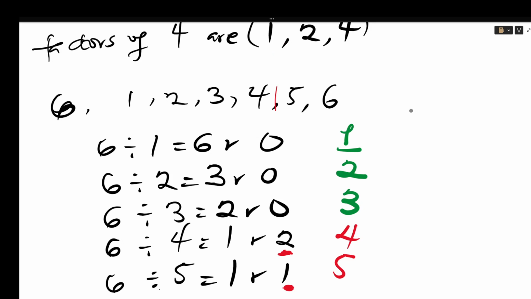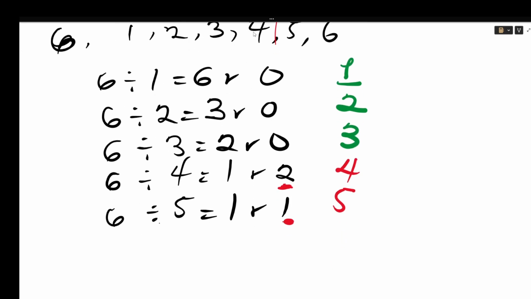And the last one, which is 6 itself: we have 6 divided by 6, which is 1, remainder 0. Since there was no remainder left, 6 is a factor. So now we can safely list our factors.